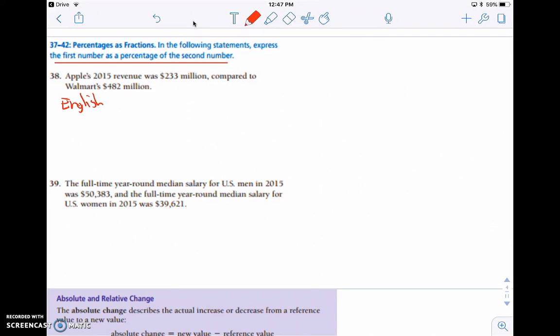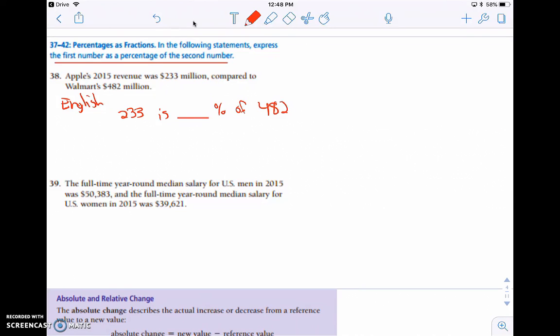Since they're both in millions, I'm just going to use the three-digit numbers. So for Apple, if I'm comparing it to Walmart, I'd say 233 is what percent of 482. That's how I would think of it in English terms, if I wanted to compare 233 million to 482 million.